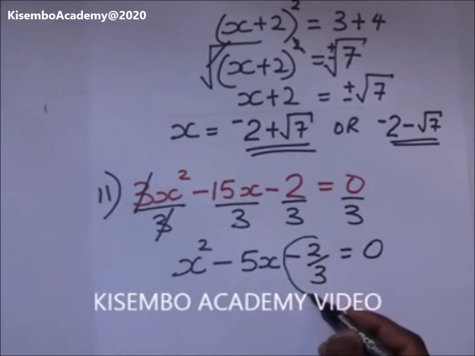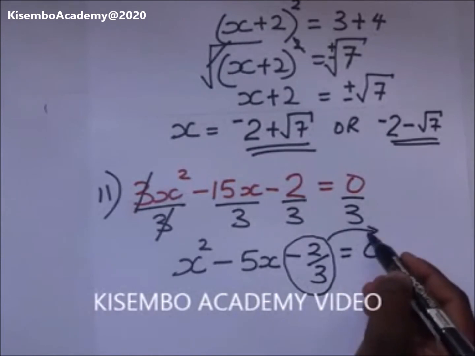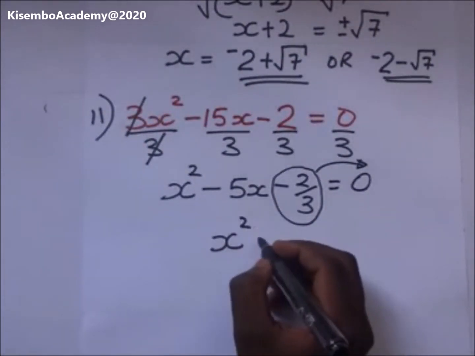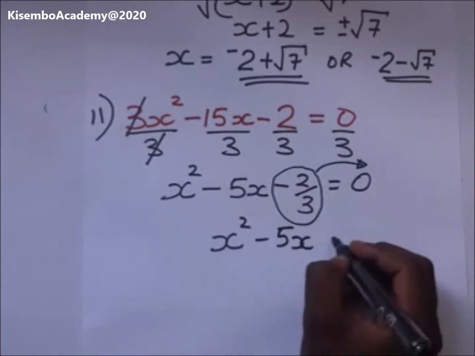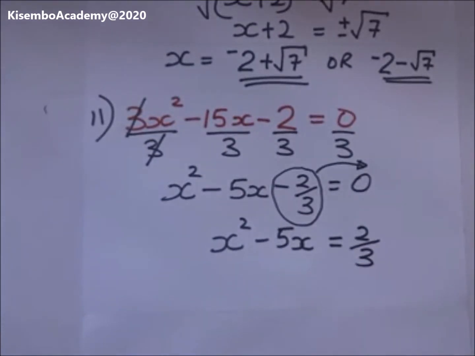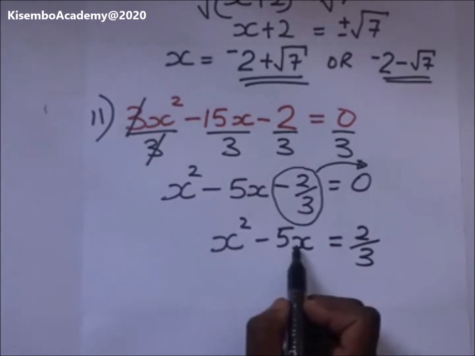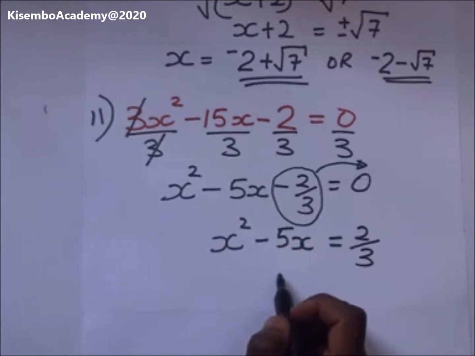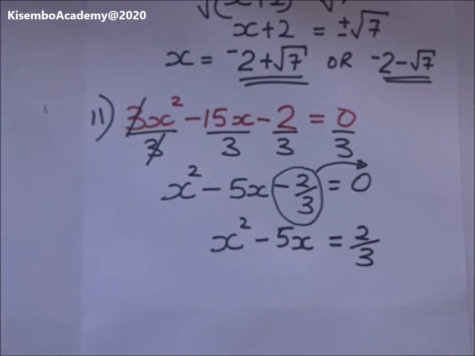So we shall shift this, take it that side. So this is going to become x squared minus 5x is going to give us 2/3. So once it's giving us 2/3, then we shall look at the coefficient of x. The coefficient of x here is negative 5. So what is negative 5 divided by 2? We'll get a decimal number, so we will leave it as negative 5 over 2.